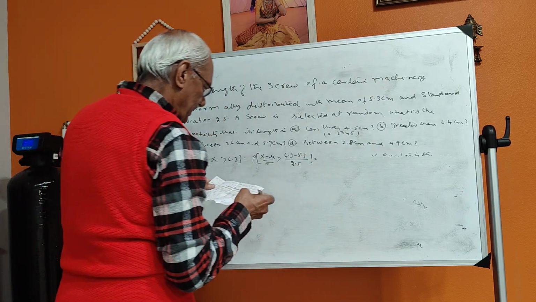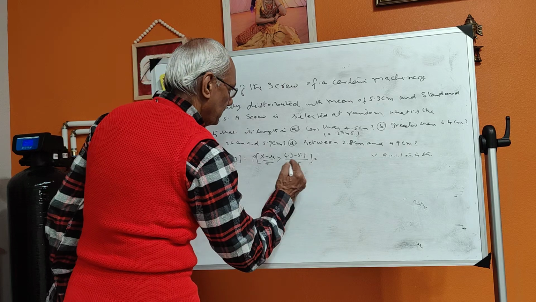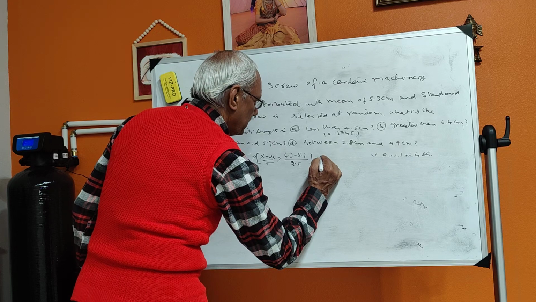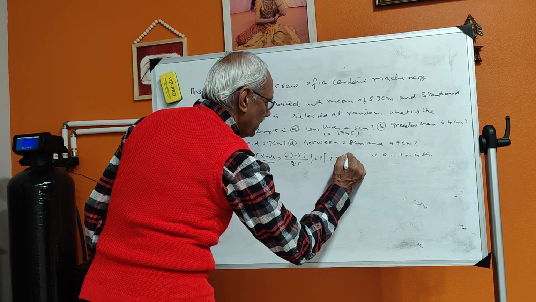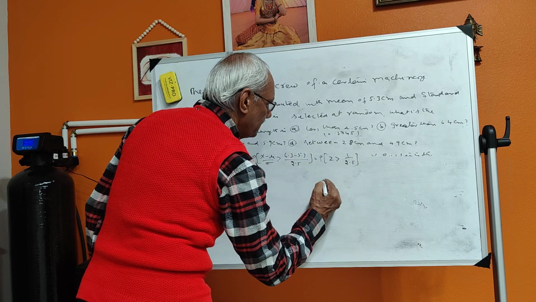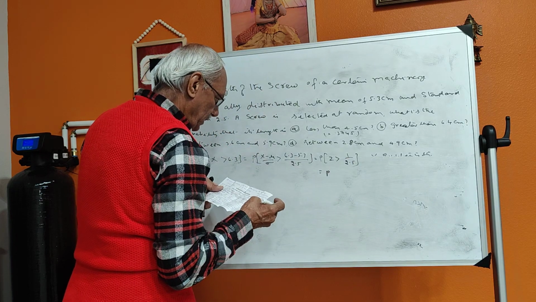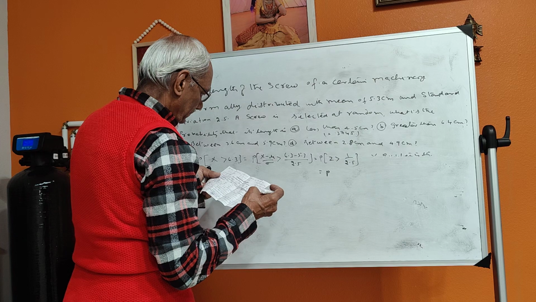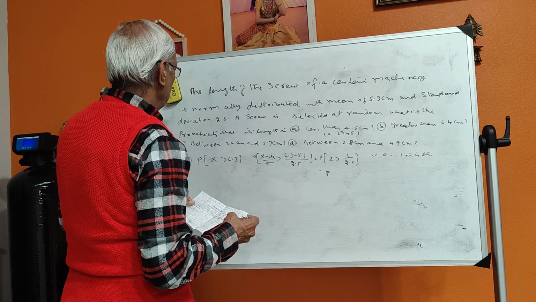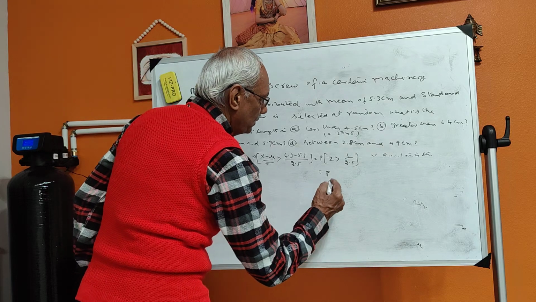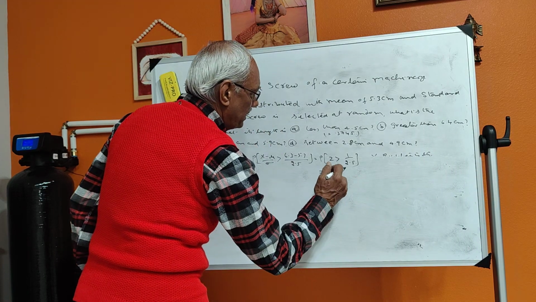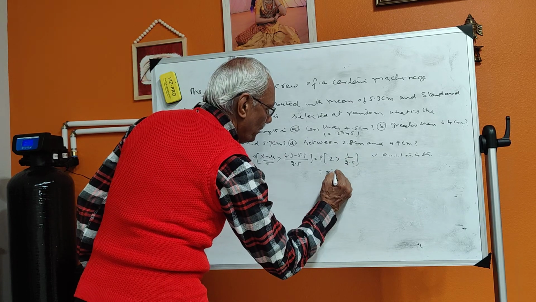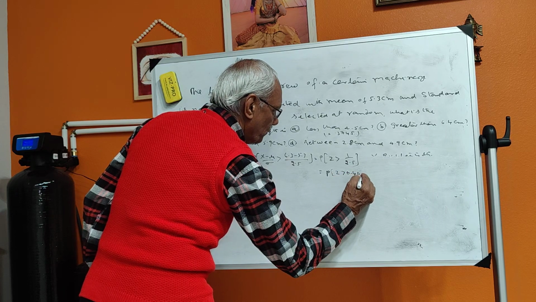So this is P of Z greater than 1 by 2.5, that is equal to 10 by 25, so it is P of Z greater than 0.4.